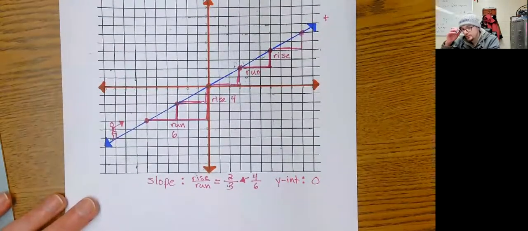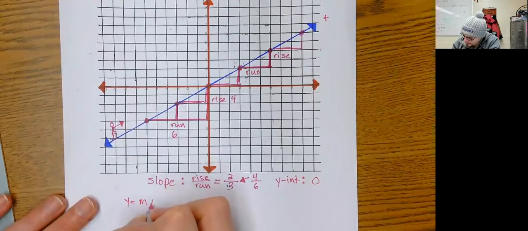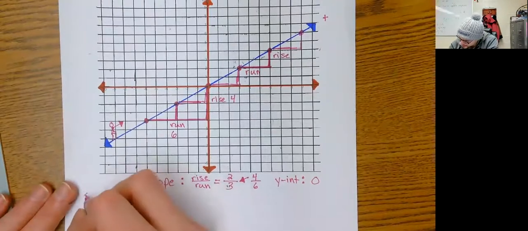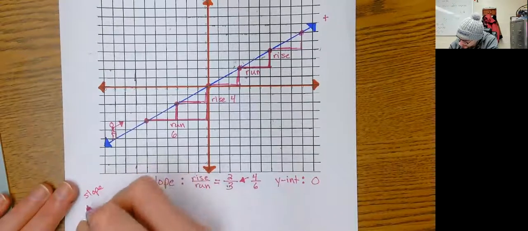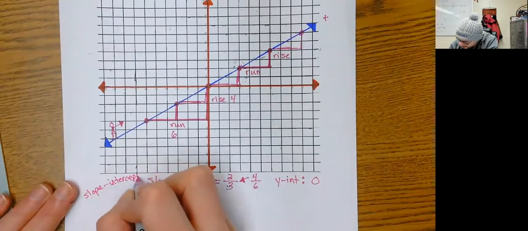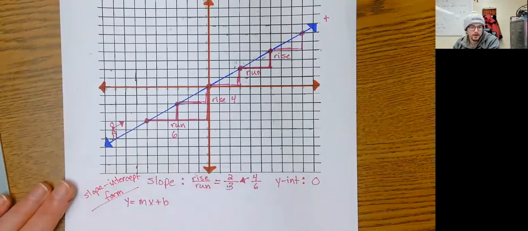Now, why are these important bits of information? Because another type of question you might get is, write the equation for the line. So equations, right? You're going to have y equals mx plus b. This is slope-intercept form. And slope-intercept form gives you the slope and the y-intercept.